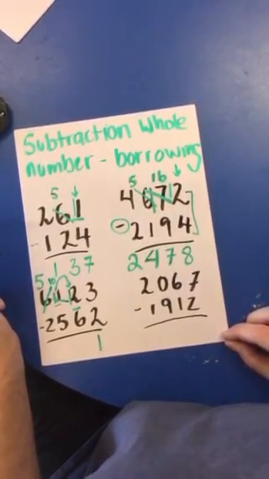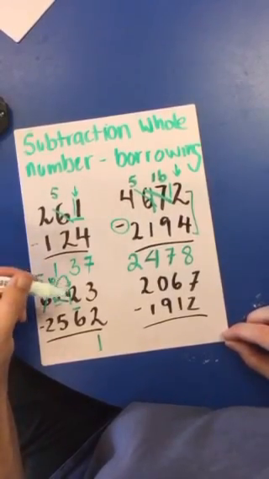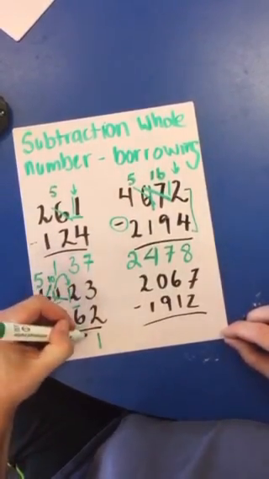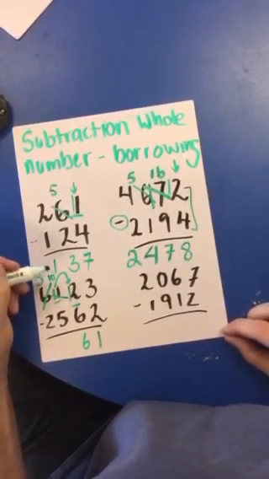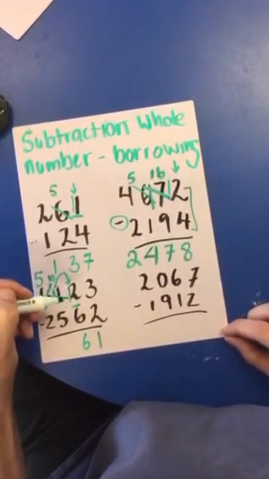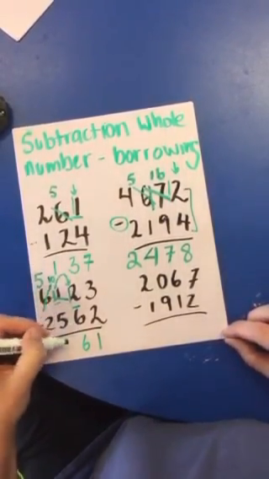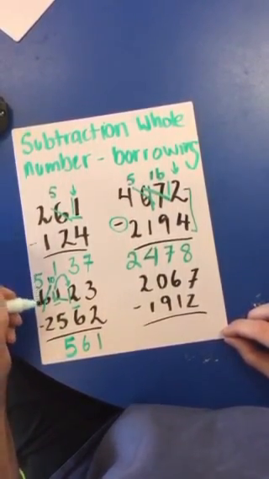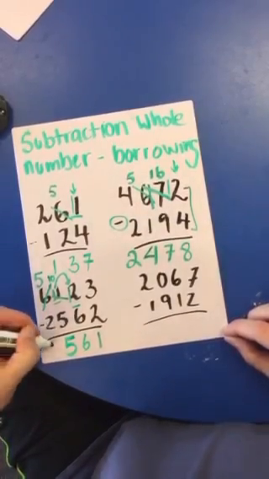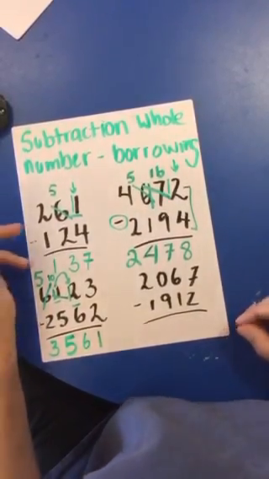So that means I can subtract. 12 subtract 6 equals 6. 10 subtract 5 equals 5. And 5 subtract 2 equals 3.